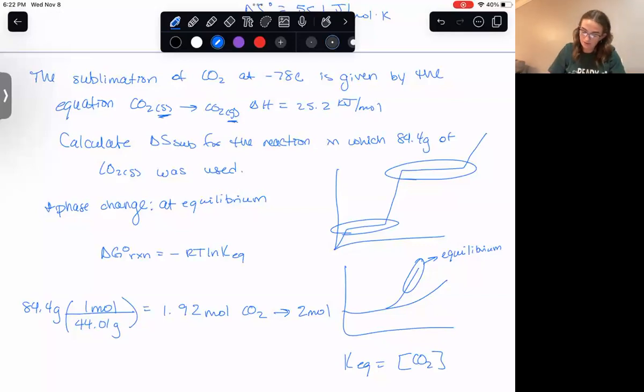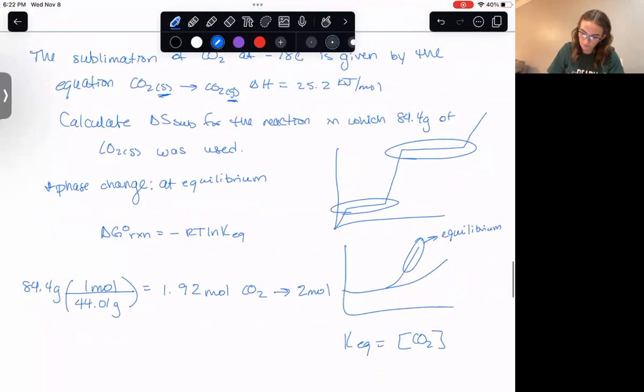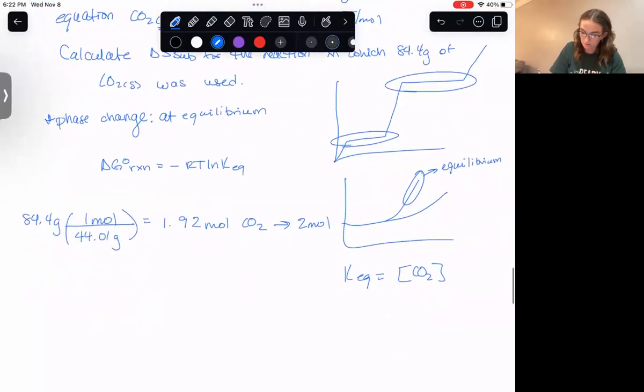Because if we're looking at this, we know delta H, and if we know this equation too, delta G equals delta H minus T delta S, we want to solve for delta S. So if we know delta G, we can subtract delta H and divide by T in order to find that.